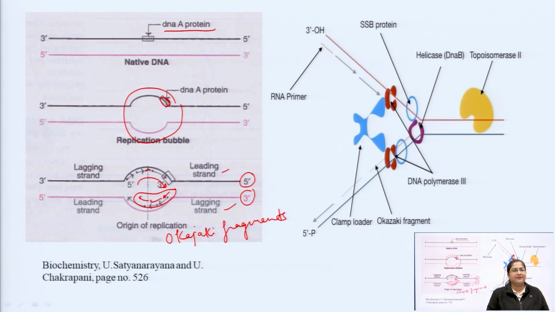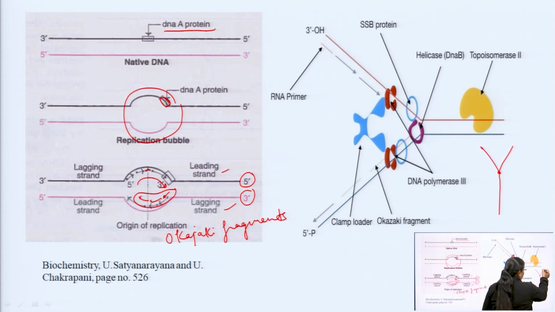If you have seen certain threads, certain strings, or the zipper of your jacket, or your shirt, when you are opening the zipper, at one point the zipper is opened like this, and from where the zipper is not opened, it is a single ended line. So there is this type of structure.